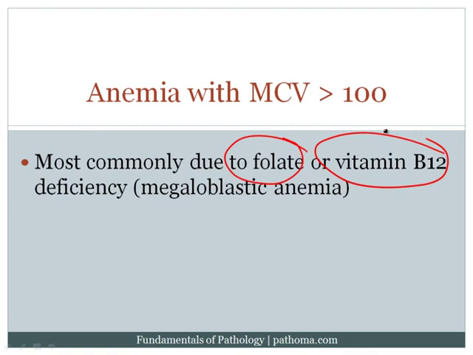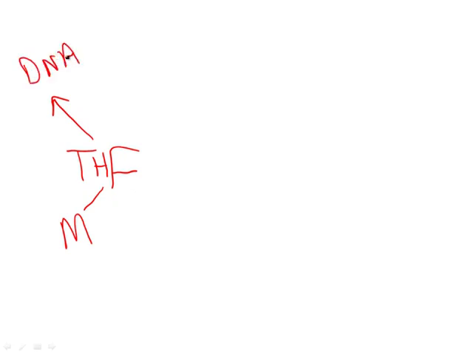Here we can take a step back and remind ourselves of a little bit of biochemistry. Remember that folate, when it comes into the body as tetrahydrofolate, is quickly methylated, and I'll just abbreviate this with an M here. Now in order for tetrahydrofolate to participate in the synthesis of DNA precursors, it needs to lose this methyl group.